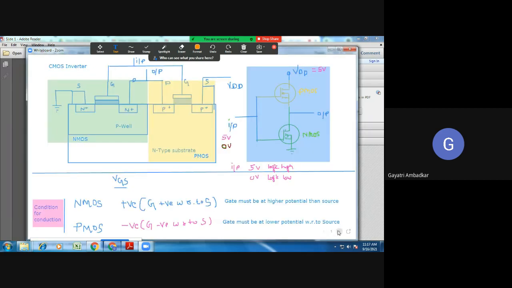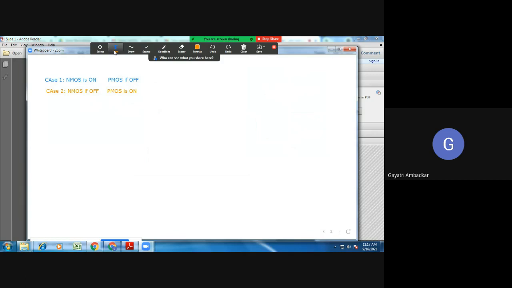In case 1, what was the type of input? Logic high. So this is applicable when input to CMOS is at logic 1, that is high.